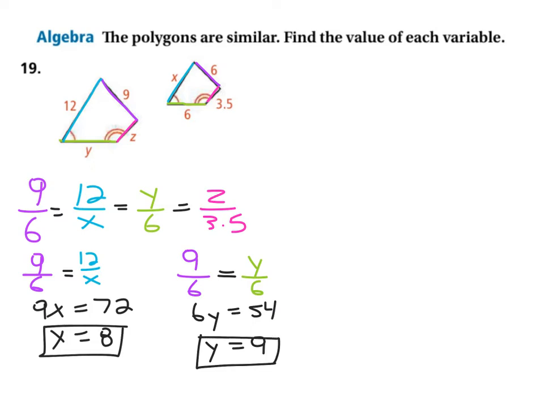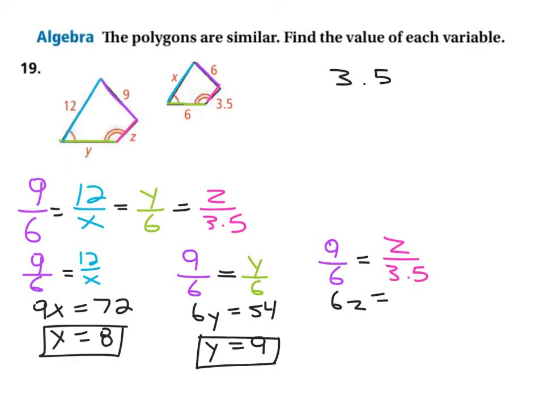Yep. And then finally, we're going to start with 9/6. We're going to say that's equal to z over 3.5, and then multiply the diagonals. We get 6 times z is 6z equals 9 times 3.5. I'm going to calculate that up top here.